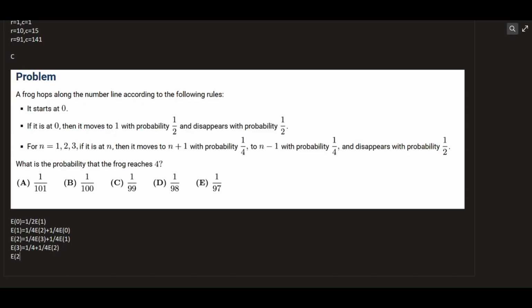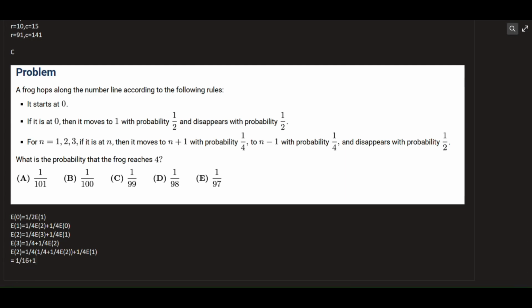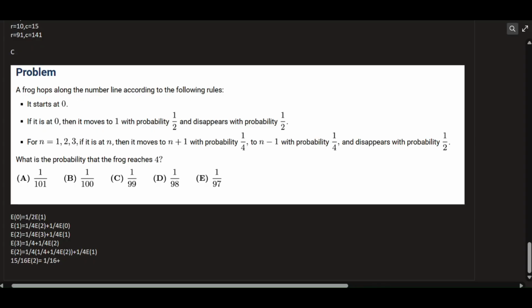We can substitute the equation for E of 3 into E of 2, giving us E of 2 equals 1 over 4 plus 1 over 4 E of 2 plus 1 over 4 E of 1, which simplifies to 1 over 16 plus, we have 15 over 16 E of 2 equals 1 over 16 plus 1 over 4 E of 1.